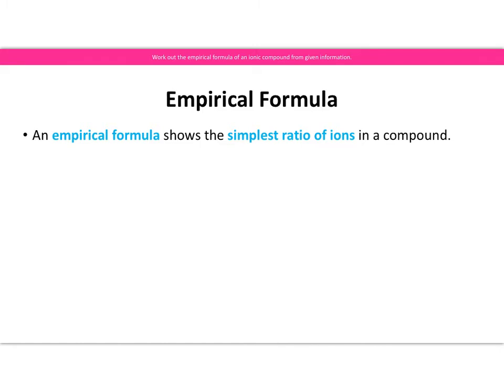An empirical formula is simply a formula that shows us the simplest ratio of ions. So when we see a formula like NaCl, what that's telling us is that for every 1 sodium ion, there is 1 Cl- ion.